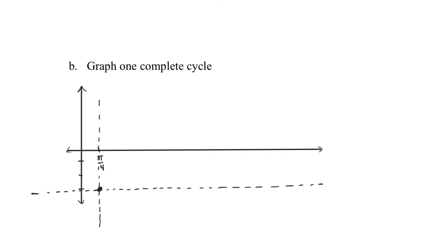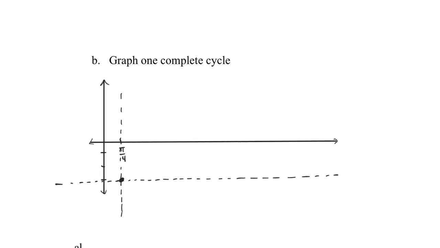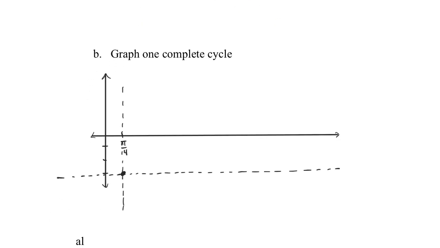So starting at pi fourths, the period is pi. So if we go out a distance of pi units, which is 4 pi over 4, and we add 1 pi over 4, then we're going to end at 5 pi over 4.